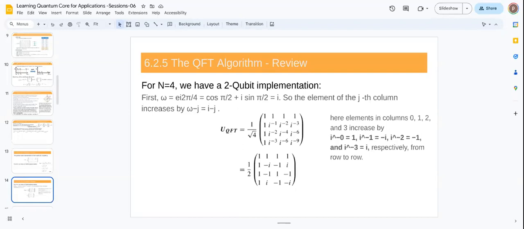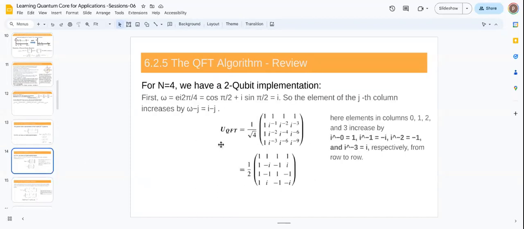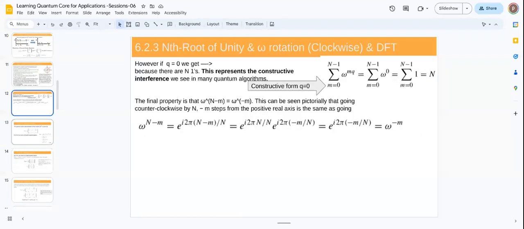Why do we need QFT? Because for Shor's algorithm, we'll need QFT. So I'm going on to the inverse QFT. The unitary gate for quantum Fourier transform is described as UQFT. All our gates in quantum are represented as U of something. You can call it U of anything.